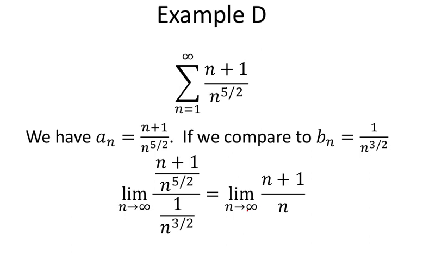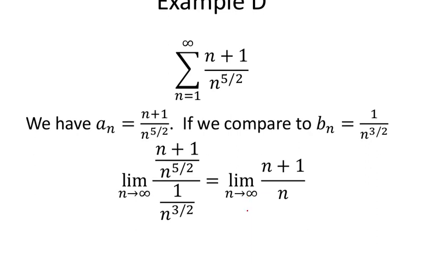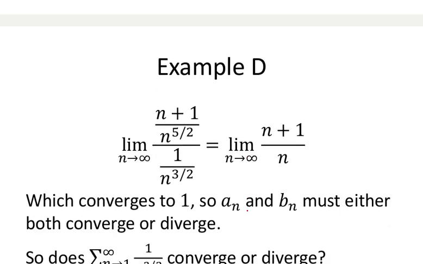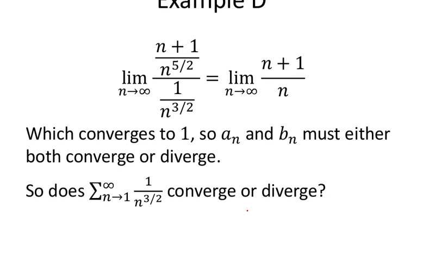And what happens is that you get a simplification of n plus 1 over n as n approaches infinity, and this limit would converge to 1. So a of n and b of n must either both converge or both diverge.